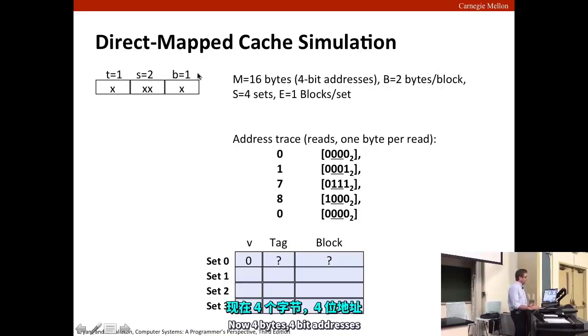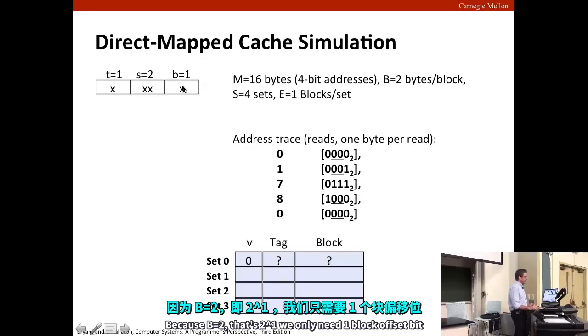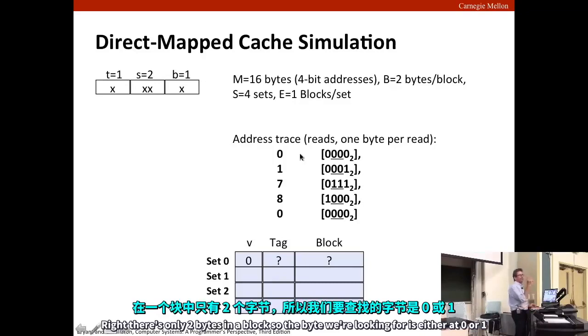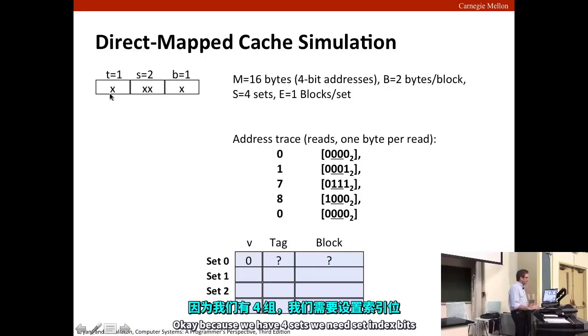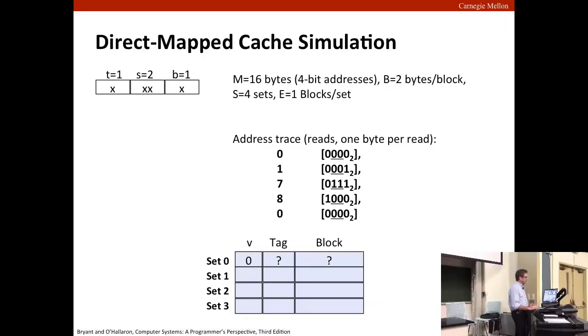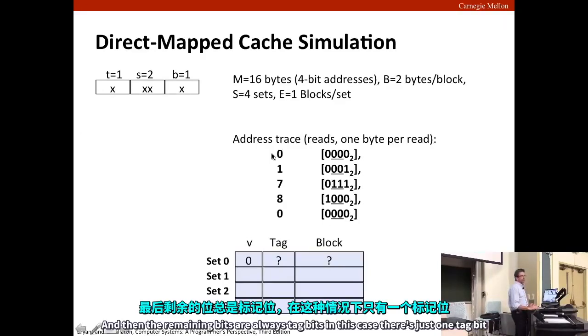Now, our 4-bit addresses: because the block size b equals 2, that's 2 to the 1, we only need 1 block offset bit. There's only 2 bytes in a block, so the byte we're looking for is either a 0 or a 1. Because we have 4 sets, we need 2 set index bits, and then the remaining bits are always tag bits.